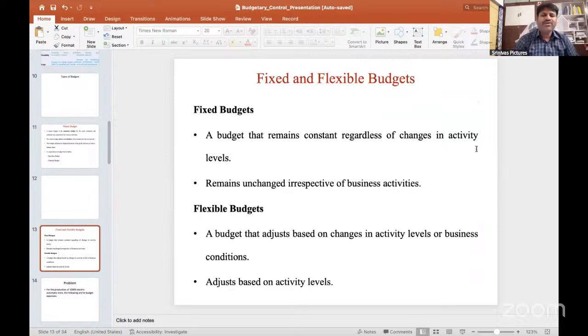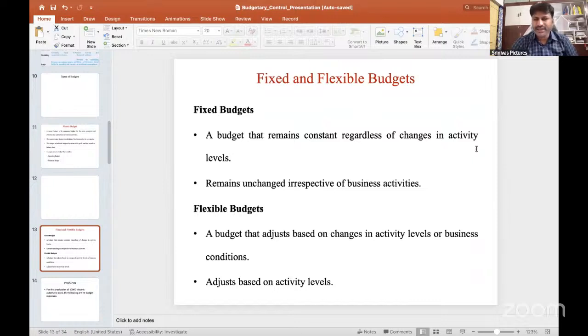Next is the fixed and flexible budget. What is the meaning of fixed budget and what is the meaning of flexible budget? A fixed budget is a budget that remains constant regardless of change in activity levels. When the activity is increasing or decreasing, the budget will not change. It is always constant, remaining unchanged irrespective of the business activities.